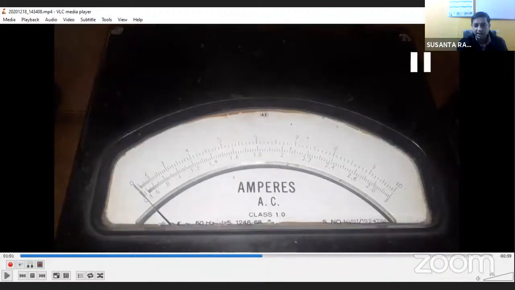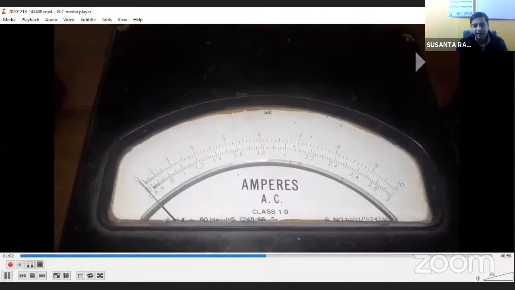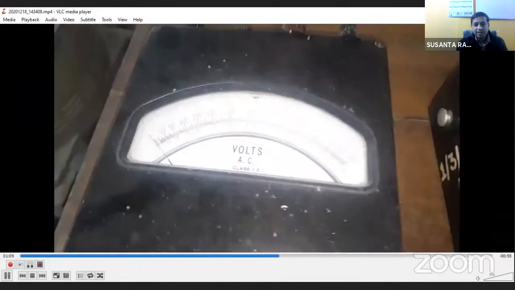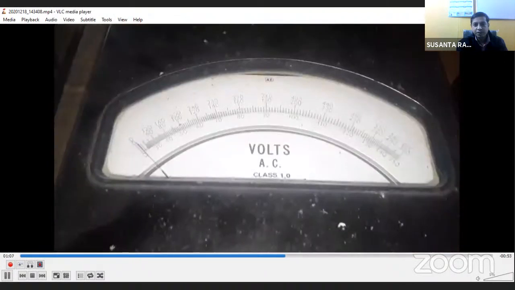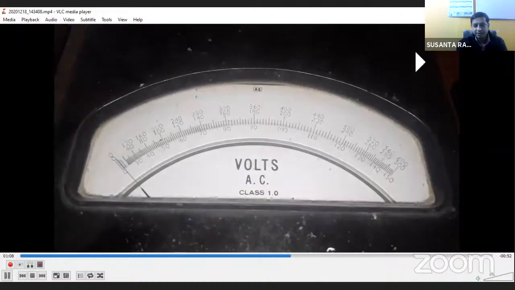The range is 0 to 3 ampere and 0 to 10 ampere, so there are two ranges. This ammeter will be used for measuring the no load current, I0. And this is another voltmeter, which will be used for measuring the excitation voltage at the low voltage side.